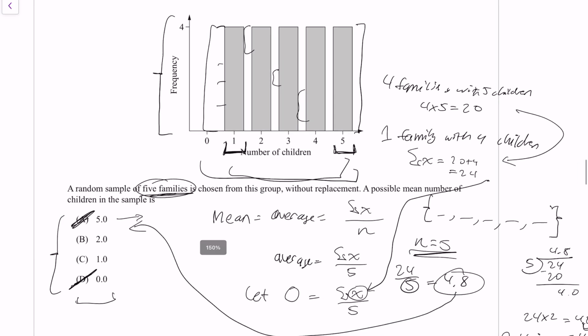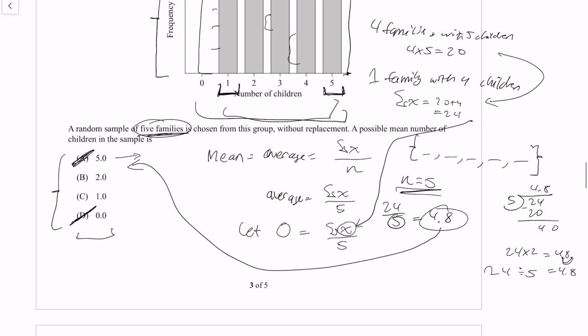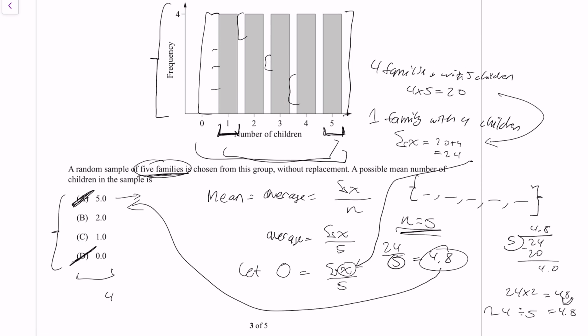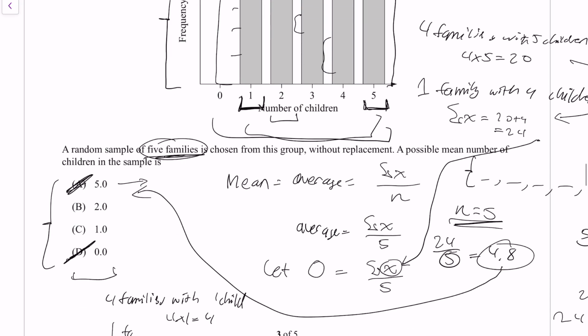And so it makes sense that 1 has to also be eliminated, because imagine we choose 4 families with 1 child, so that's just 4 times 1, and then the lowest we can get for the last one is one family with 2 children.